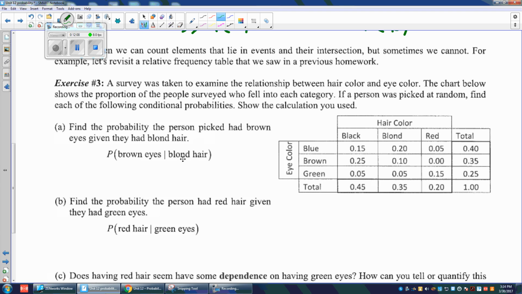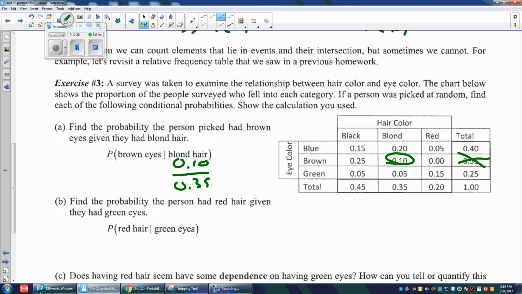Okay, what's going to be the bottom of the fraction? The bottom of the fraction is how many people had blonde hair: 0.35, also known as 35 hundredths. How many had brown eyes? 10 hundredths. The condition is, I'm not looking at this, I'm not looking at this.